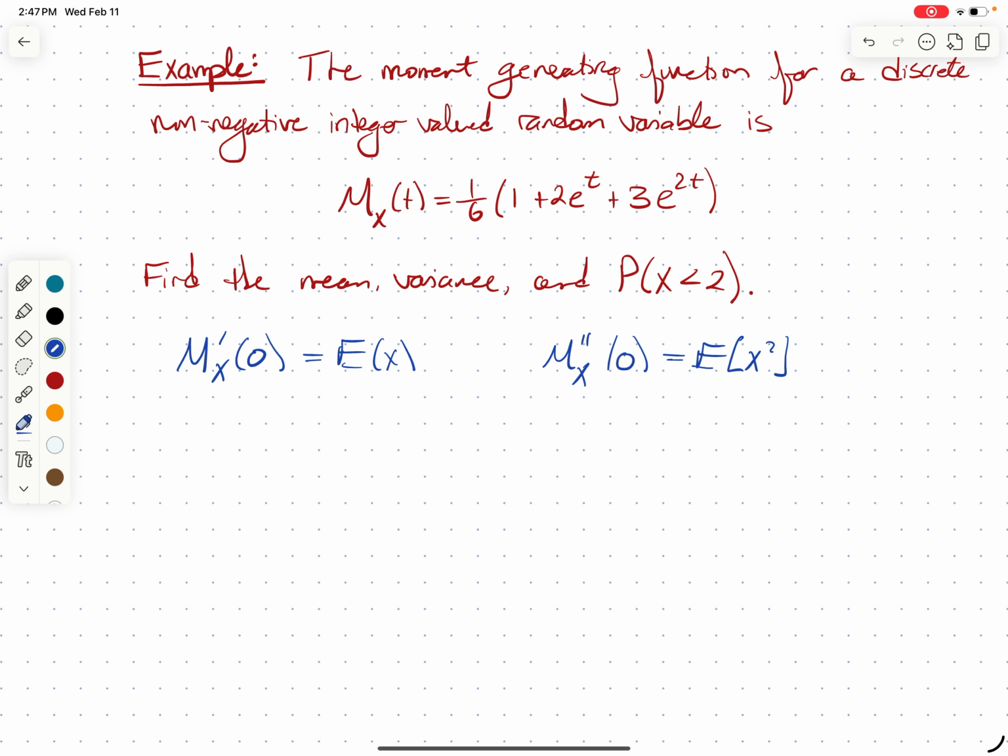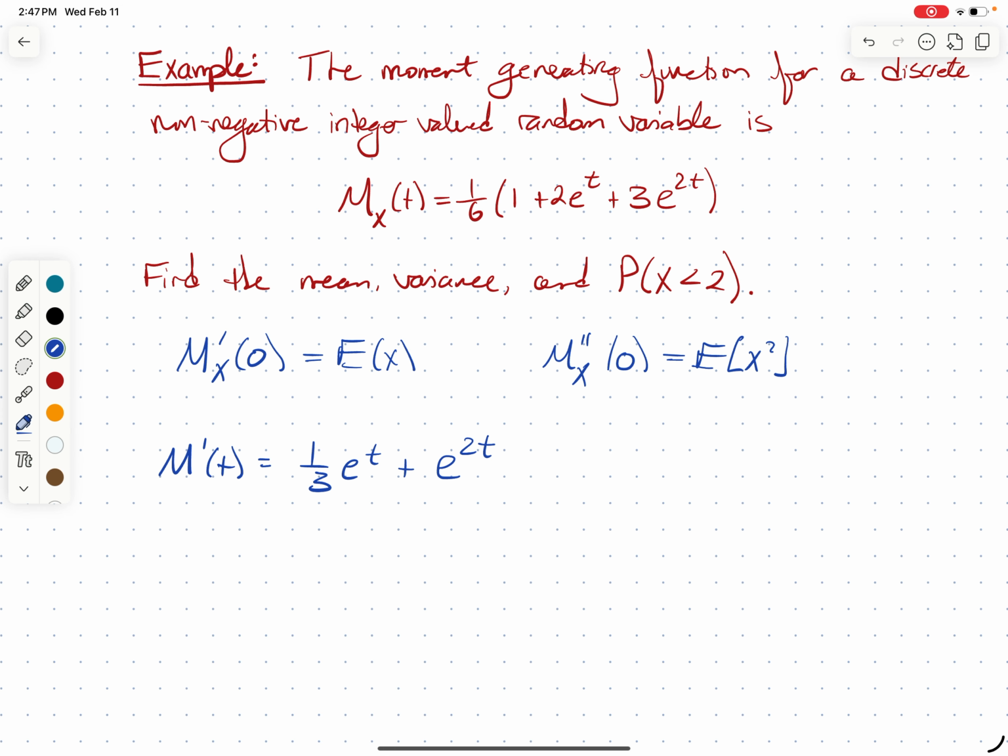So to solve the mean, we're simply going to take the first derivative. I'm going to drop the x subscript and just write m prime of t here, and I'm going to get a sixth, and that actually goes away. 6 times 1, the 1 is 0, so I'm going to get a third e to the t plus a half, and then a 2 is going to come down and cancel that, so e to the 2t.